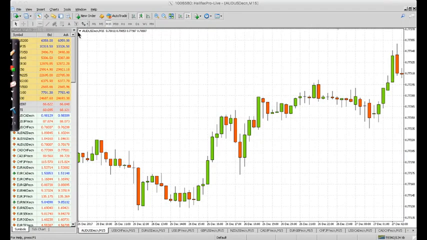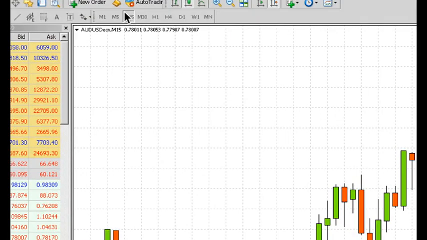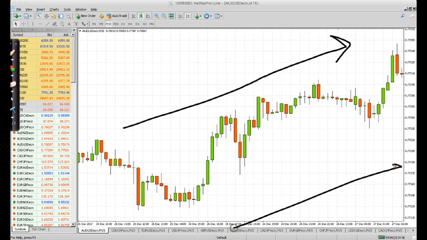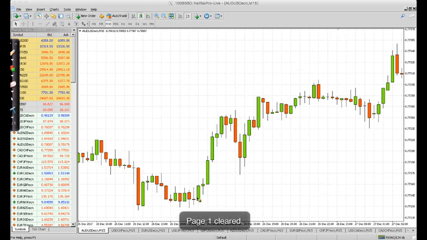And again, I'm looking at the Aussie dollar pair, 15-minute candles. Alright, so you can see over here, like I mentioned, we have this uptrend pattern. What we want to do is identify the ABC wave pattern and see which of the C's are at Fibonacci retracement levels. So where's my ABC?